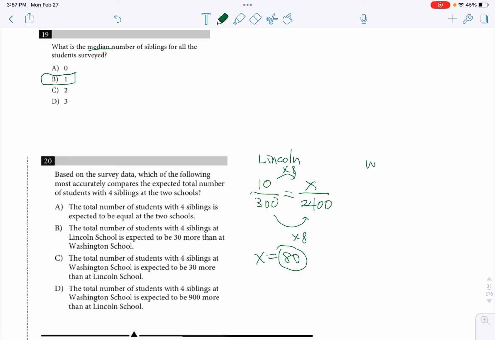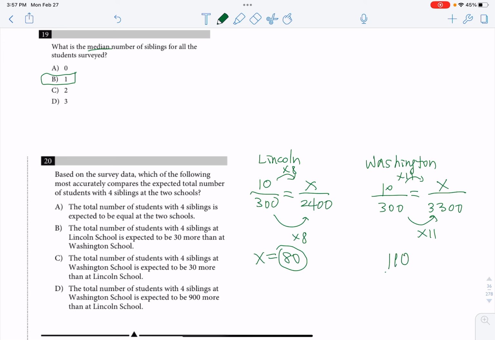And then Washington School also has 10 out of 300 as the data given. How many actual students have 4 siblings in 3,300 total? So you multiply by 11. So the total number of students who have 4 siblings in Washington School will be 110.